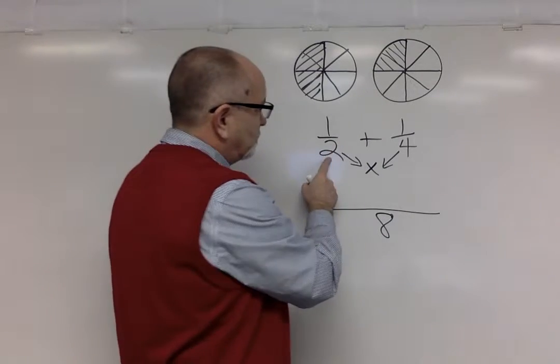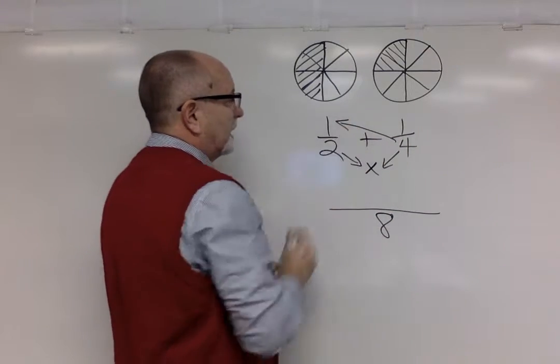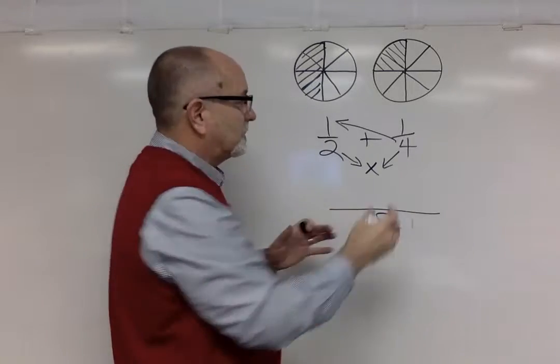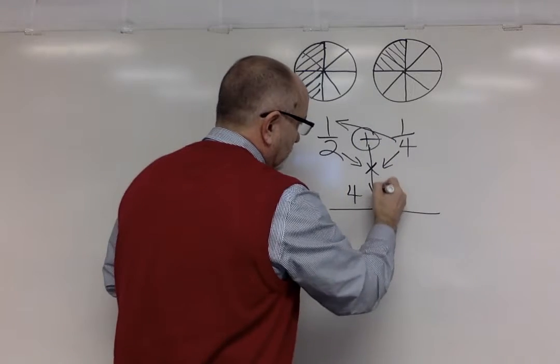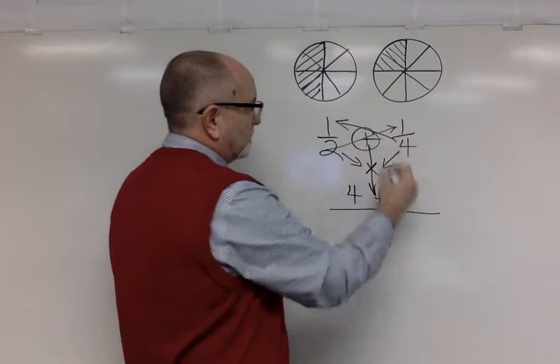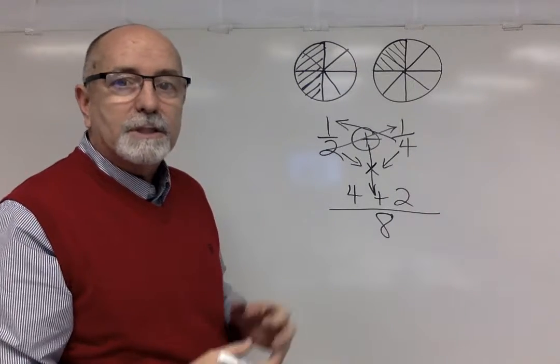What did I multiply 2 by to get this 8? 4. So if I just cross over diagonally and multiply, I've got my numerator of equivalency. 4 times 1 is 4. And always bring down your sign, which is adding. And then cross over this way. 2 times 1 is 2. And I've just got two equivalent fractions to add together.